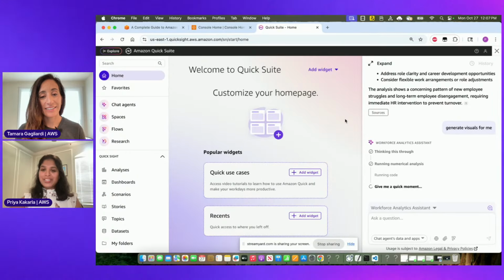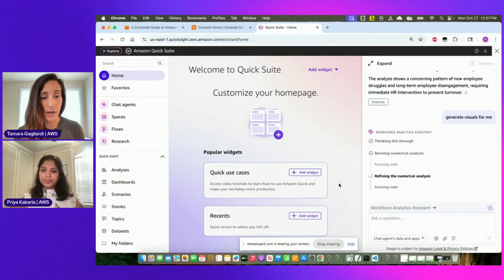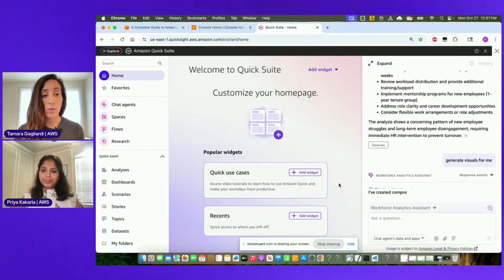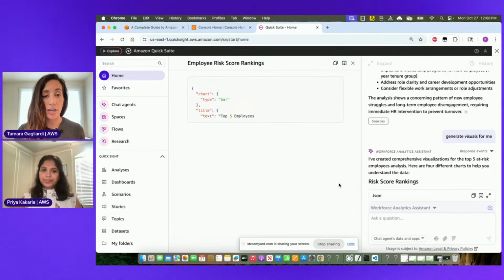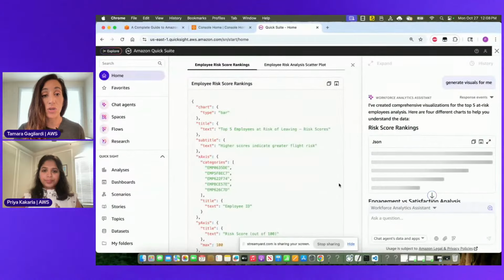Do you have any questions, Samra, while we wait for the assistant to respond? Anything that I can answer for you? Well, yes. I know that you show there the ability of being able to loop through the different chat agents. And again, you would be able to share the chat agent as long as the person does have access to the data set.